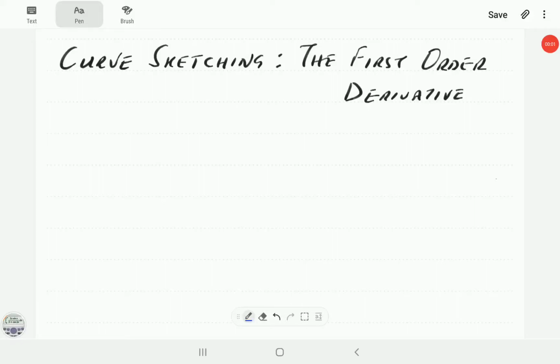In this video, we're going to look at how to use the first order derivative to do some curve sketching.